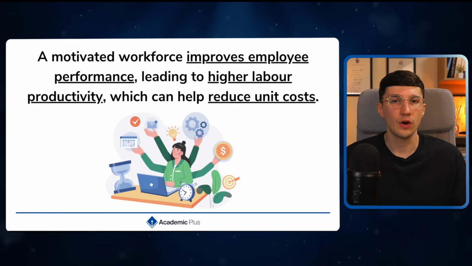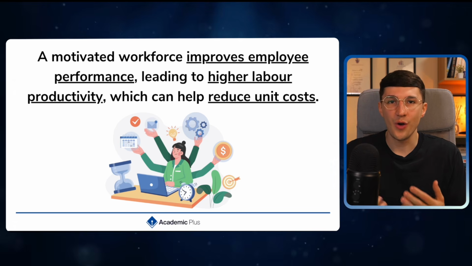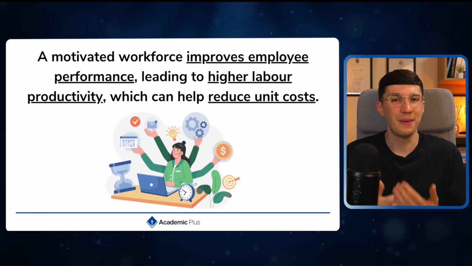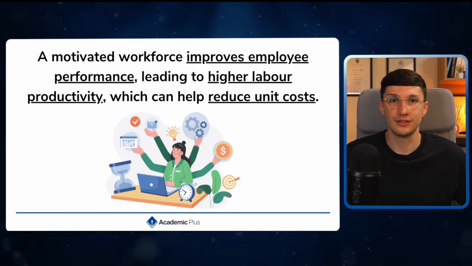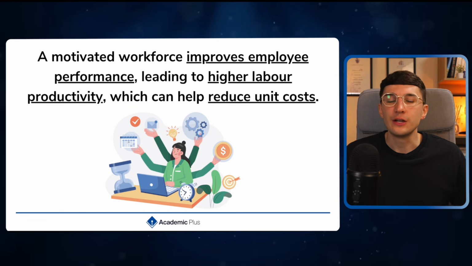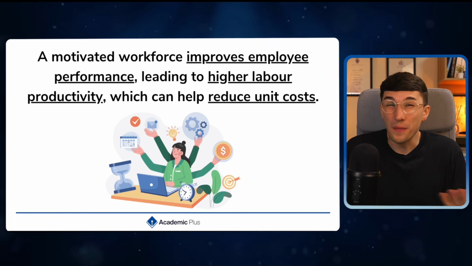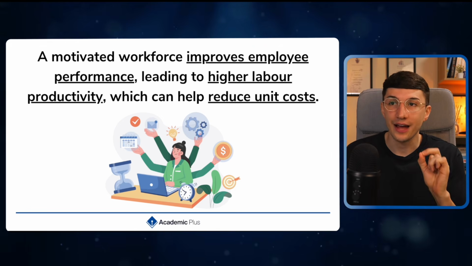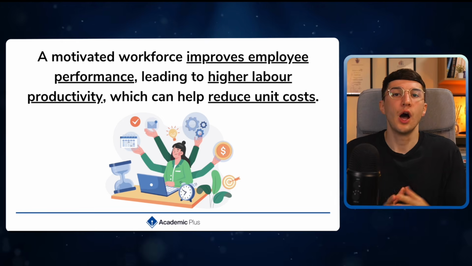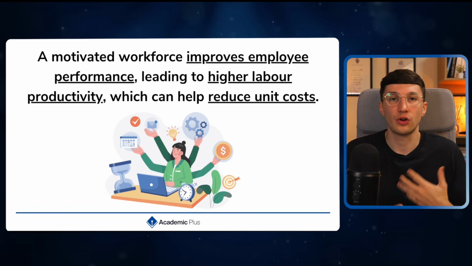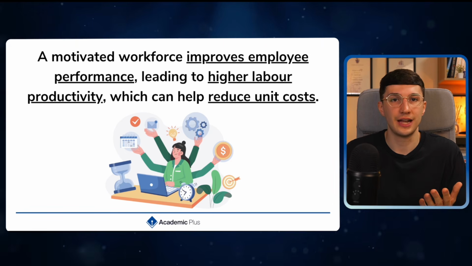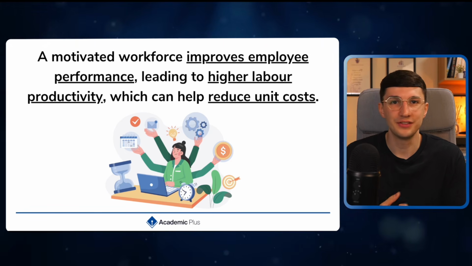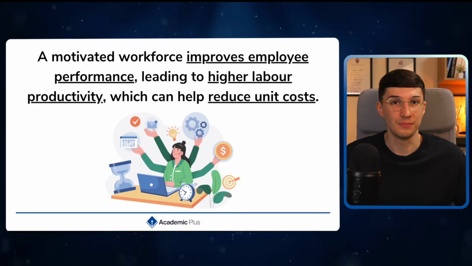This can be slightly problematic because if I'm working harder, I may want to be paid a little bit more money. So of course the business's cost could increase. However, increasing labour productivity is quite beneficial for a business because it can help reduce unit costs. Of course, we need to understand, have fixed costs gone up as a result of increasing labour productivity, maybe higher wages and maybe more training for those employees.